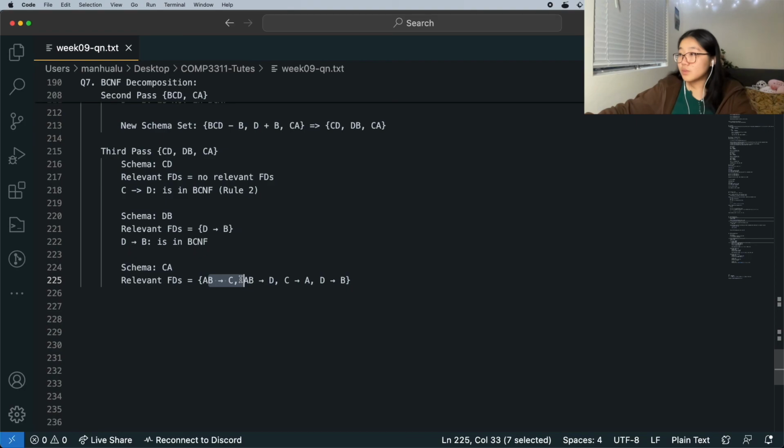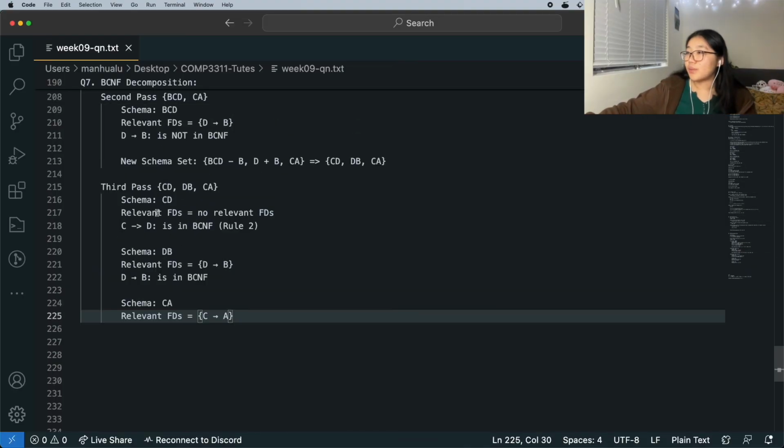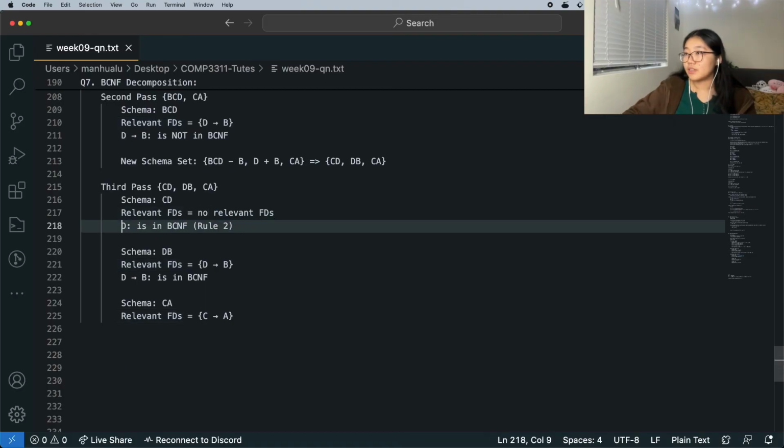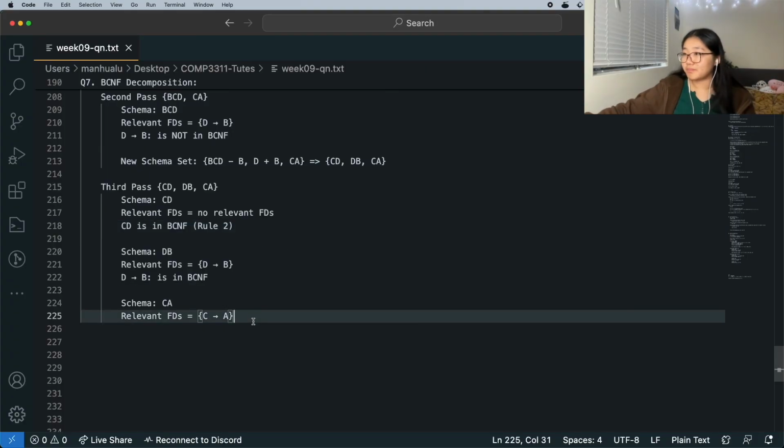CA, we can't use this one because we don't have a B. Can't use this one, we don't have a B, we don't have a D. We can use this one, that's good. And this one, we can't use either. Oops, sorry, yeah, there was a typo here. Because there was no relevant FDs, you just say that the entire CD is in BCNF and you don't have to do anything with that. Yeah, so that was actually correct.